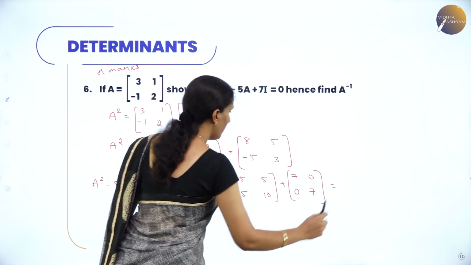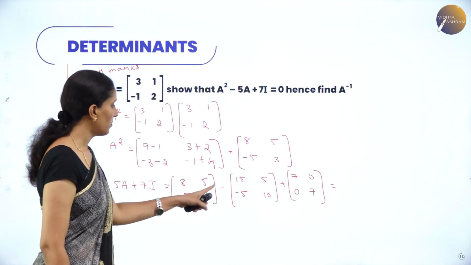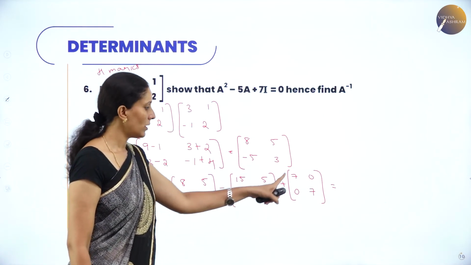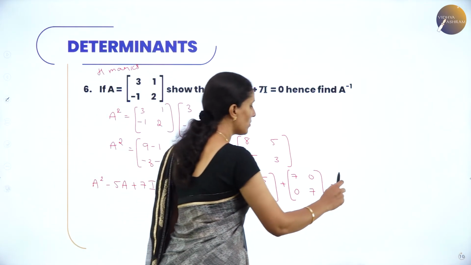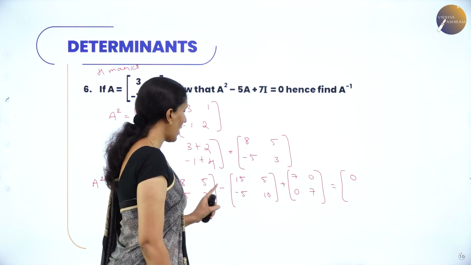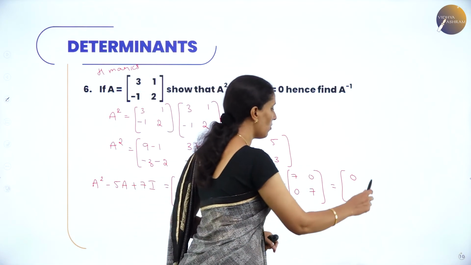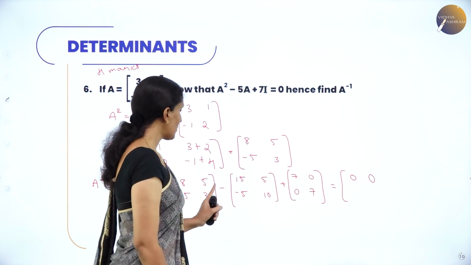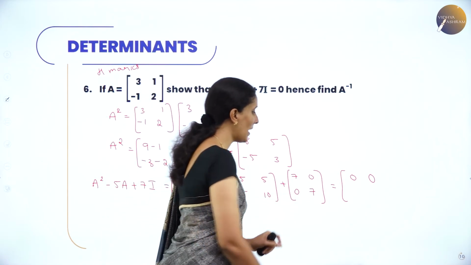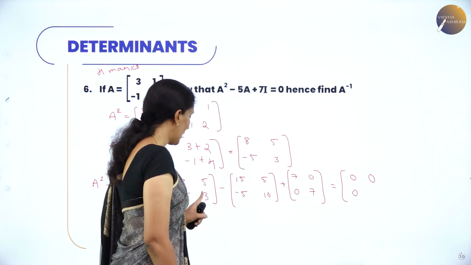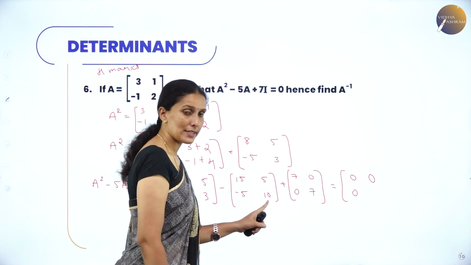Let's see this now. So we have 8 minus 15, minus 15 plus 7, which becomes minus 7 plus 7. So the first one is 0. 5 minus 5, 0. 0 plus 0, 0. Minus 5, minus of minus 5 plus 5. So minus 5 plus 5 get cancelled, plus 0, 0. 3 minus 10 is minus 7.